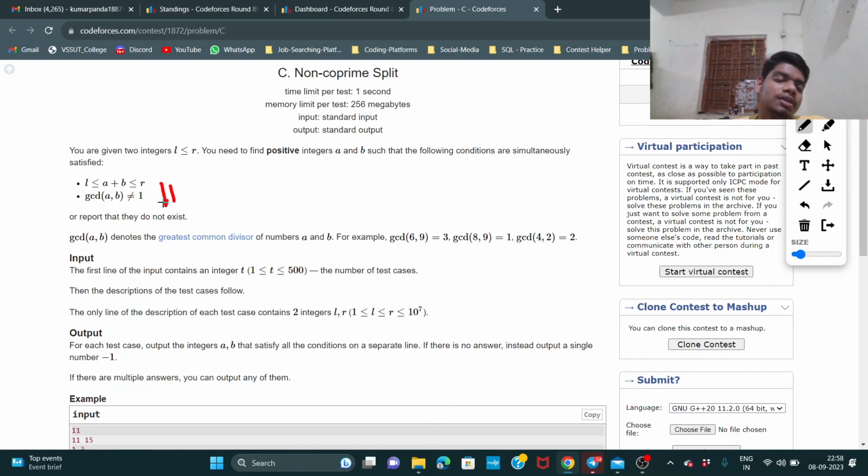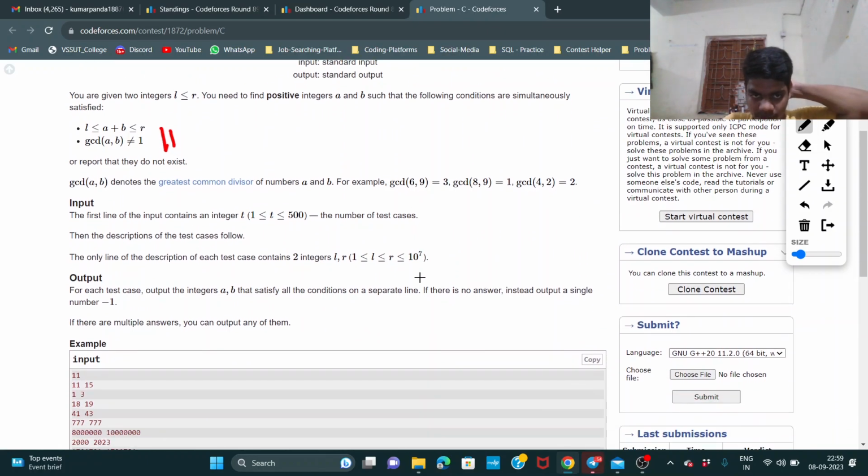The greatest common divisor GCD of A and B is not equal to 1, meaning greater than 1. And the sum of the two integers should lie in the range L to R. If you are able to find these two numbers, print them. Otherwise print minus 1. So this is the problem statement.